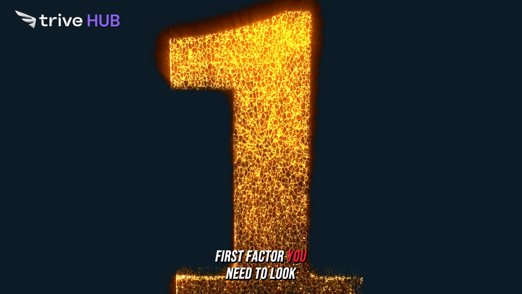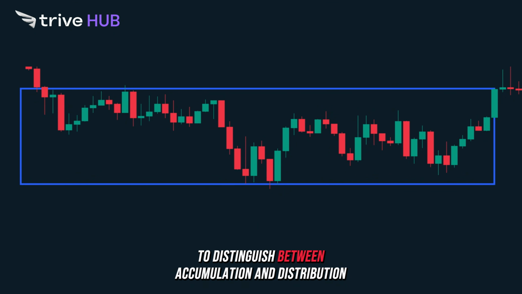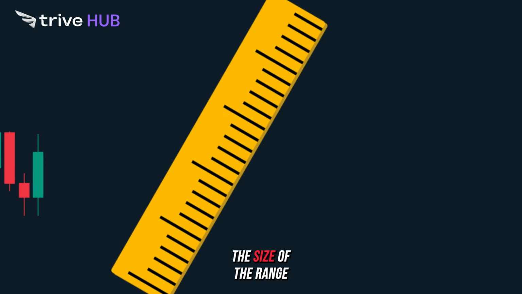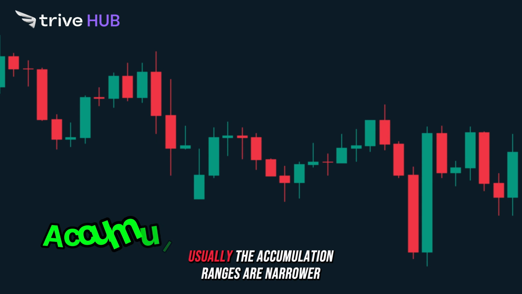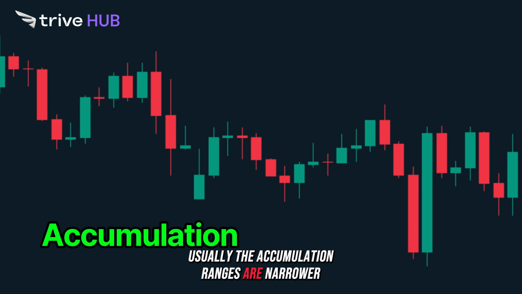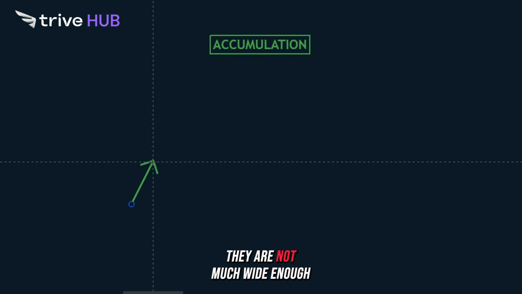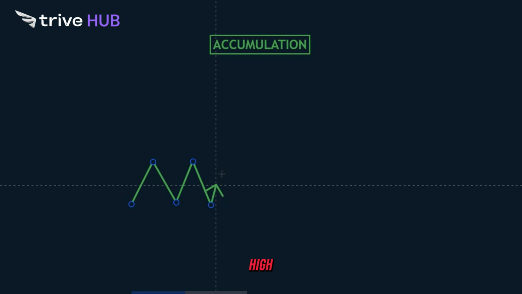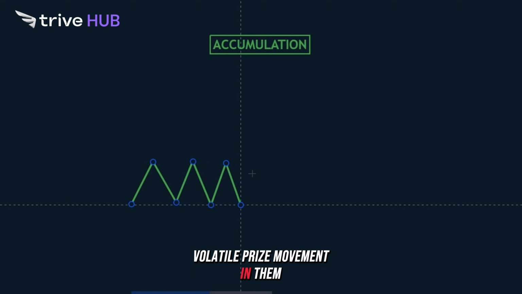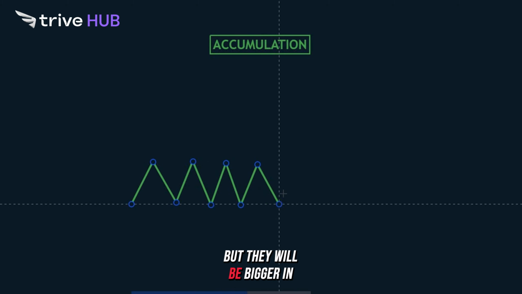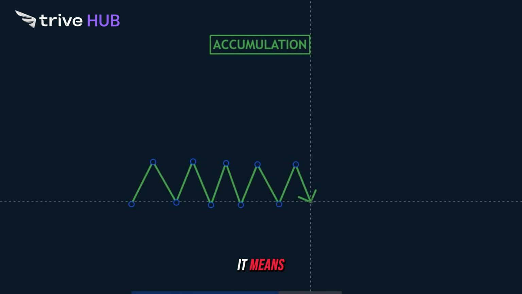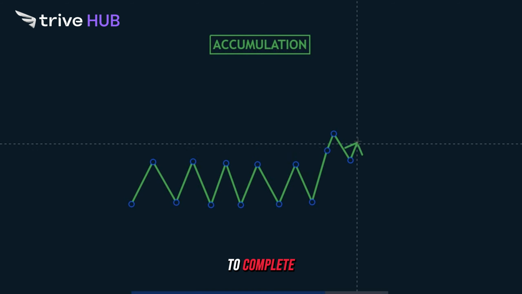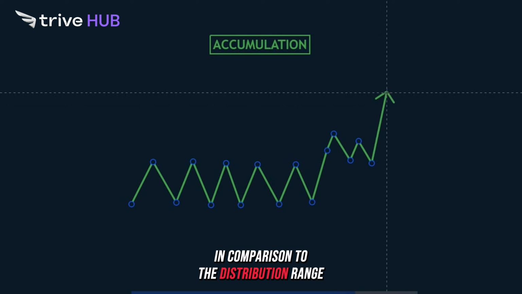First factor you need to look at to distinguish between accumulation and distribution range is the size of the range. Usually the accumulation ranges are narrower, they are not very wide. It means they will not have a highly volatile price movement in them, but they will be bigger in duration. It means accumulation ranges take a higher time to complete in comparison to the distribution range.